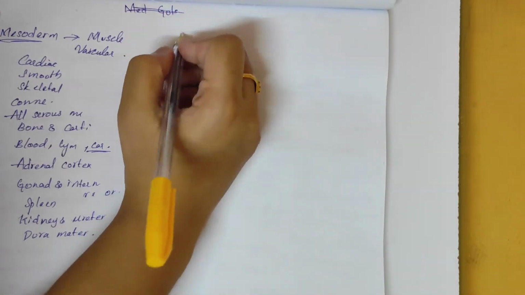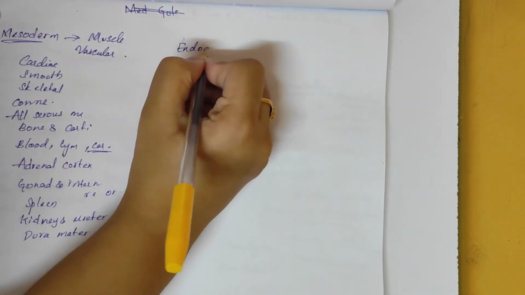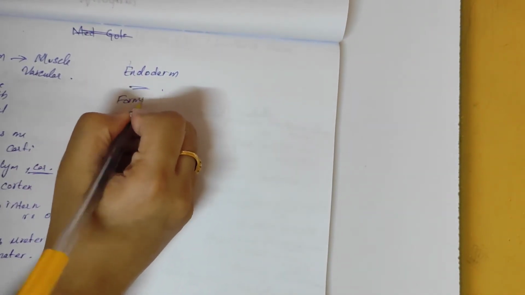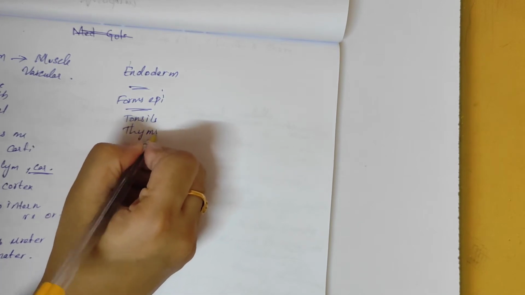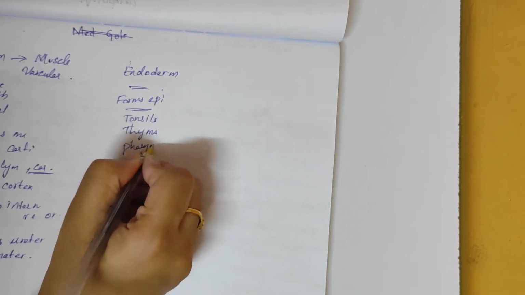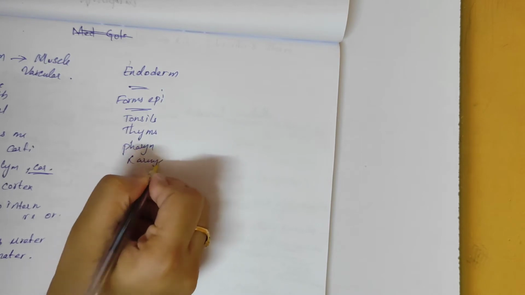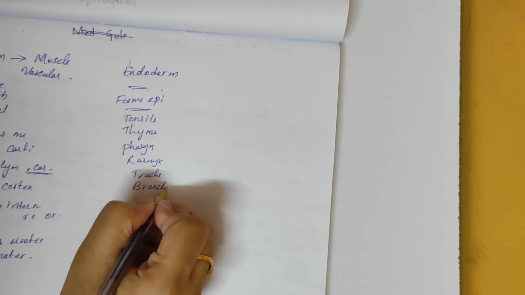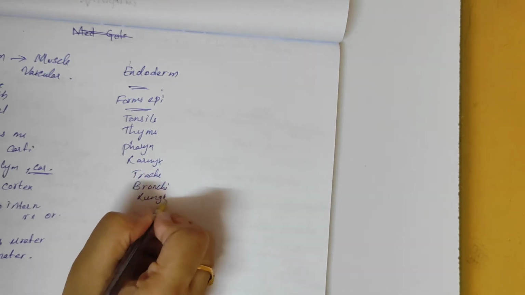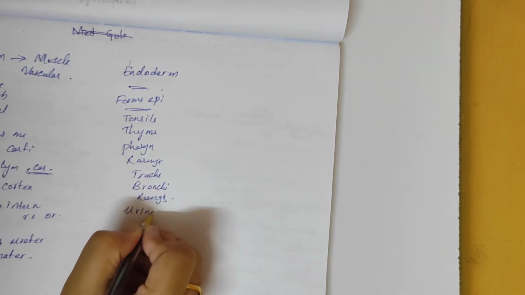And next one is endoderm. The endoderm forms the epithelial parts of tonsils, thymus, pharynx, larynx, trachea, bronchi, lungs, and urinary bladder.